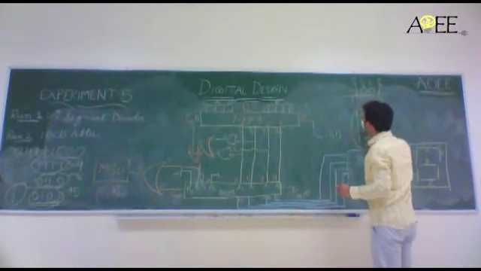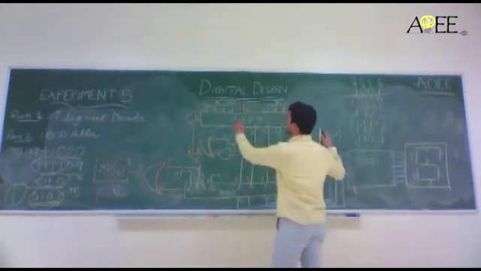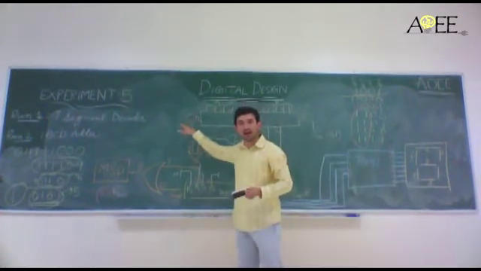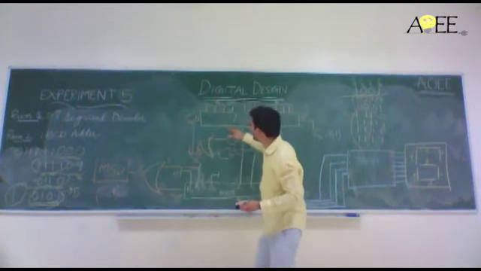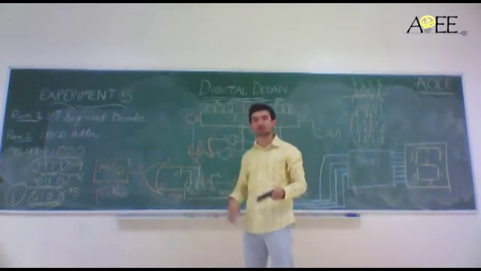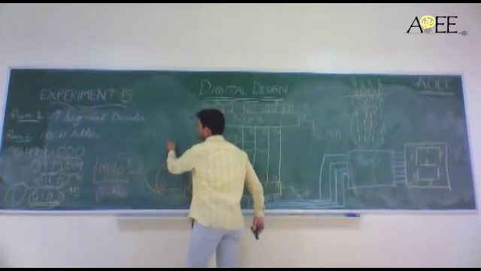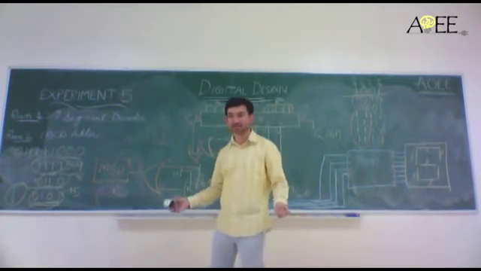Apart from that, you also know that when you add two numbers using 7483, the addition gives me a carry. A carry received in addition of two numbers automatically means that the number was greater than 1111, 15. So it's obviously greater than 9.